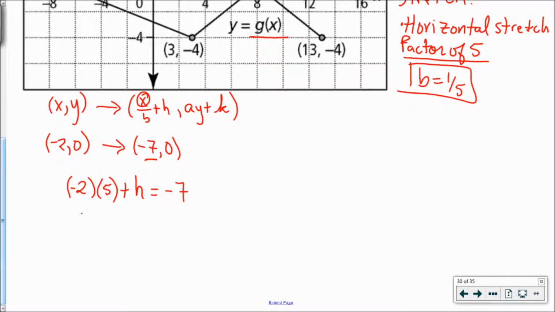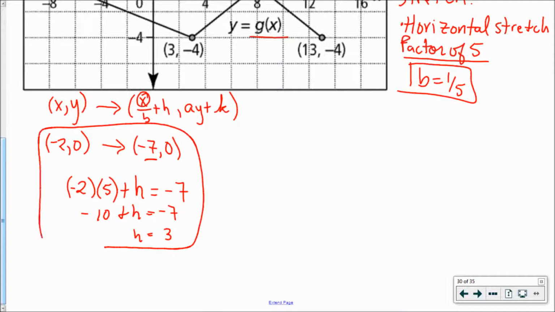So -10 plus whatever h is got me to -7. I add 10 to each side, and I can see that h is 3. So there I have calculated the value of h using mapping notation and a point on the original, f of x, and seeing where that point ended up on the transformation.